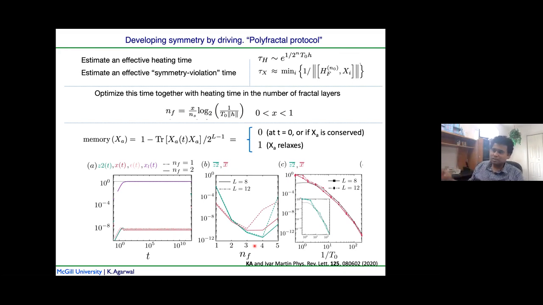Okay, so that's the general discussion. The key point being that you can take your many-body system, you can drive it stroboscopically with a set of operations which become effective symmetry generators of the Floquet Hamiltonian. And then you can work, of course, with the Floquet Hamiltonian as an effective Hamiltonian for an exponentially long time.